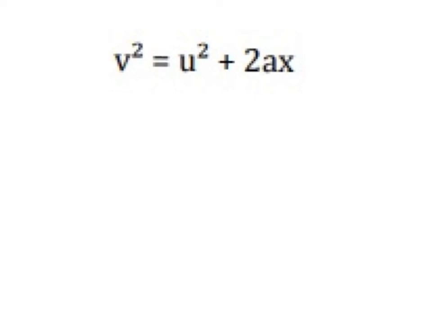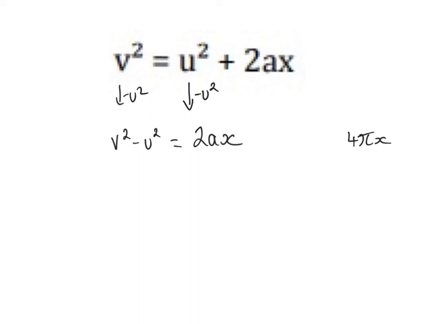Okay, so we can identify the x in this term here. So we're going to follow our same rules of manipulation. Yes, it looks slightly more difficult, but if you simplify it to I need to solve for x, so I'm going to do inverse operations, then we'd be more than comfortable in approaching these style of questions. So the first thing I'm going to do is subtract u squared from both sides. So that gives me v squared take away u squared is equal to 2ax. Now, much like in examples where we had 4 pi x, 2a is just going to be a constant as well.